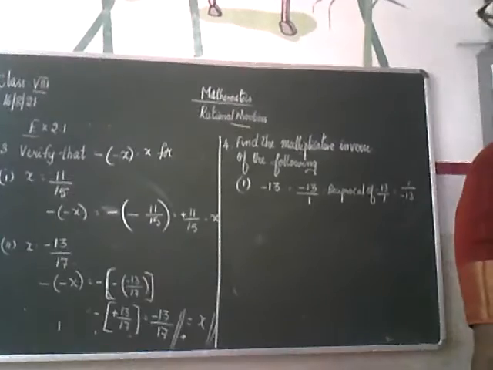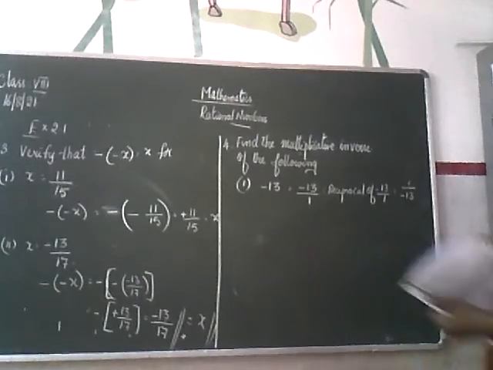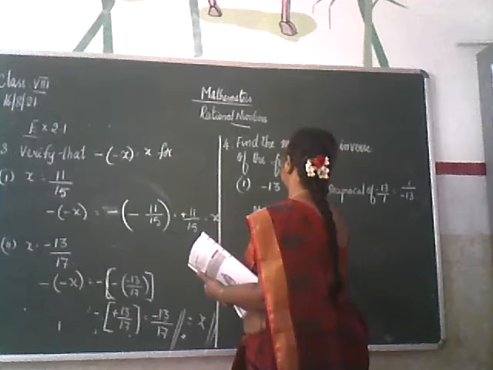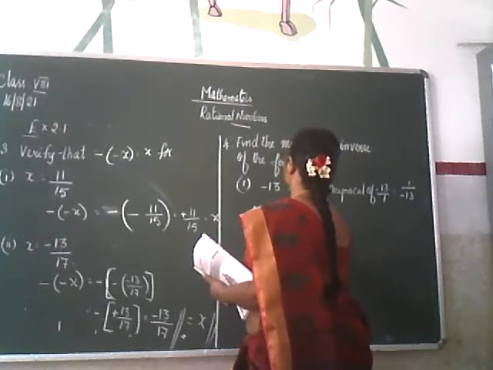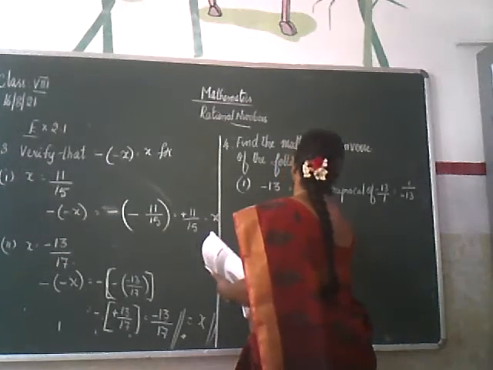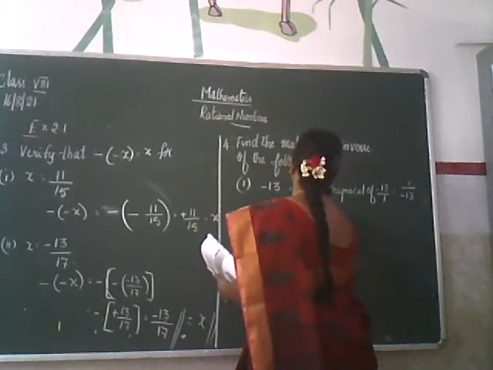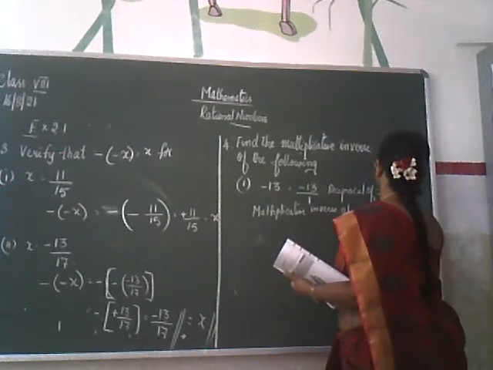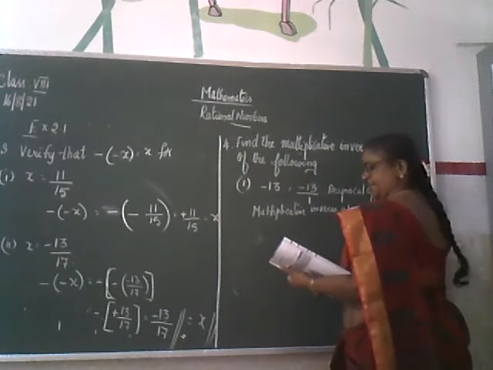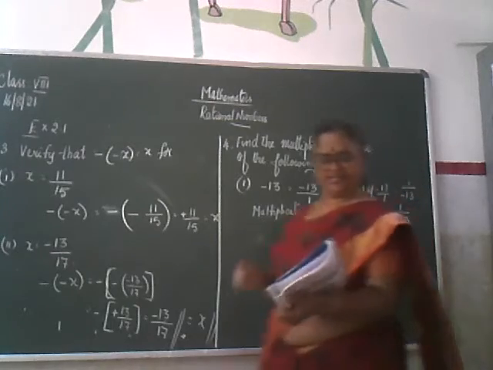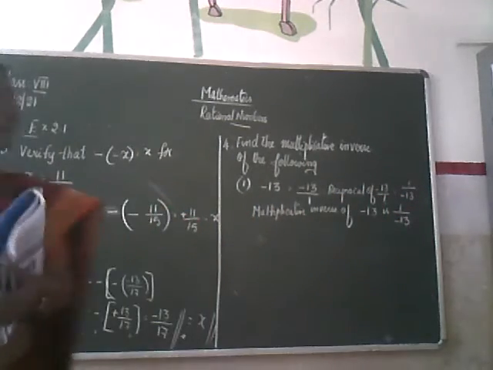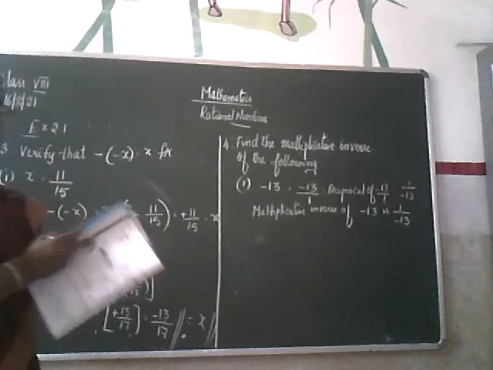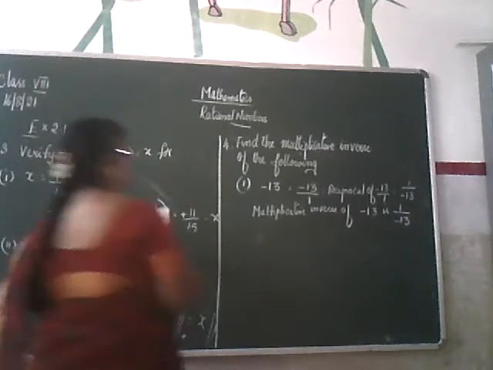So what is the multiplicative inverse? Yes, the multiplicative inverse of minus 13 is 1 by minus 13. 1 by minus 13 or minus 1 by 13, anything is correct.